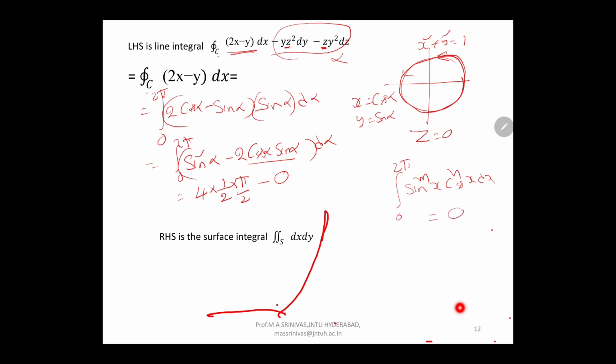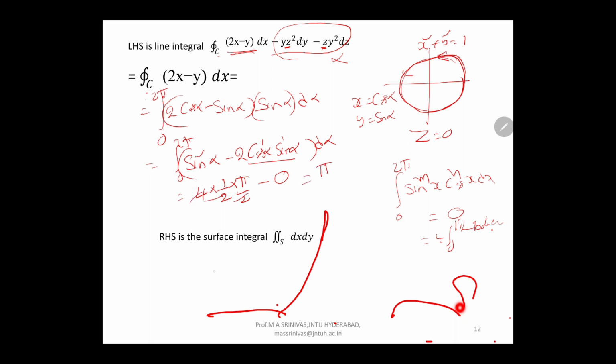This value is 0 as long as m and n are not both even. If both are even, then its value is 4 times integral 0 to pi by 2. Here the powers 1 and 1 are odd, therefore that value is 0.